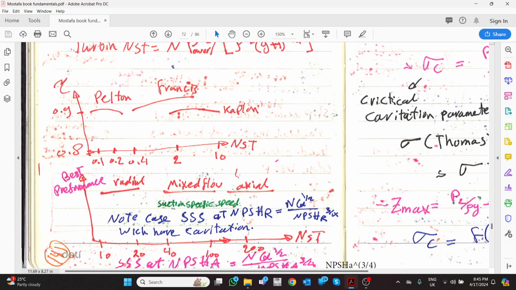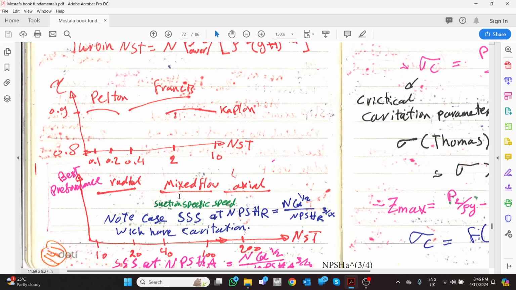Okay, what about the pump? Pump is the same concept. When you increase the specific speed, the best performance goes radial, then mixed flow, then axial flow. Radial means centrifugal pump. Mixed flow means part centrifugal plus part axial.